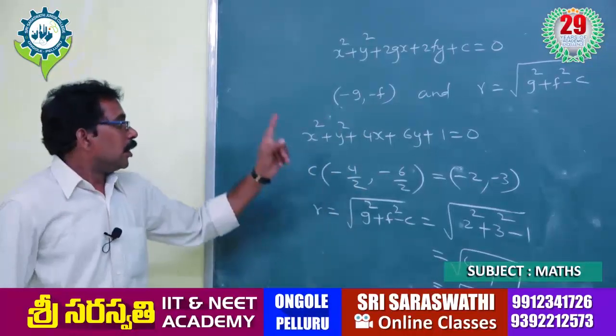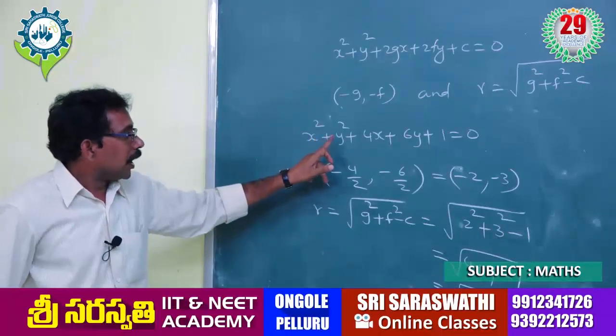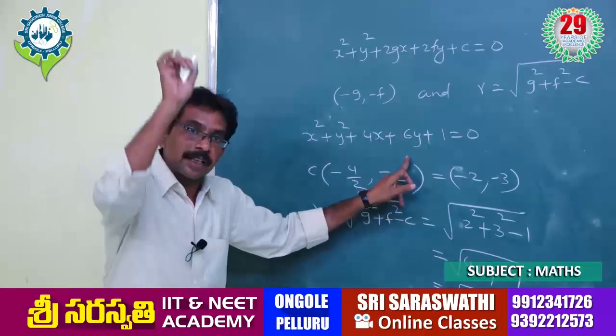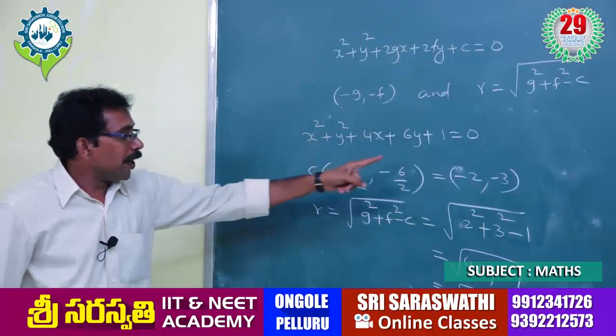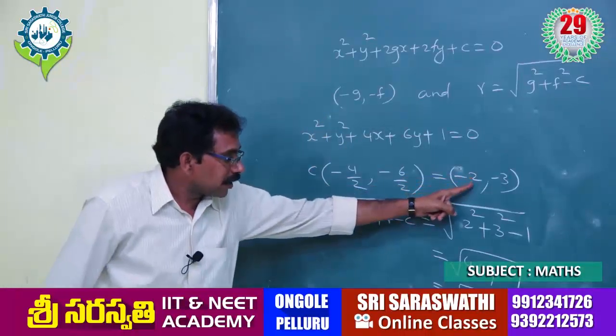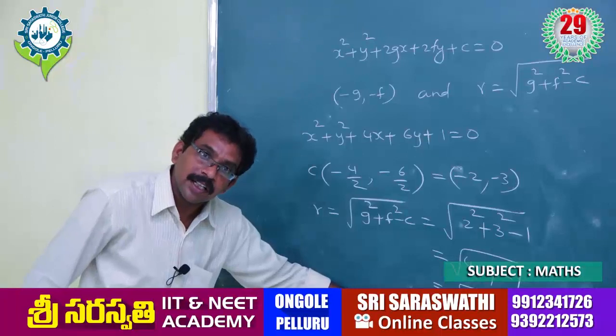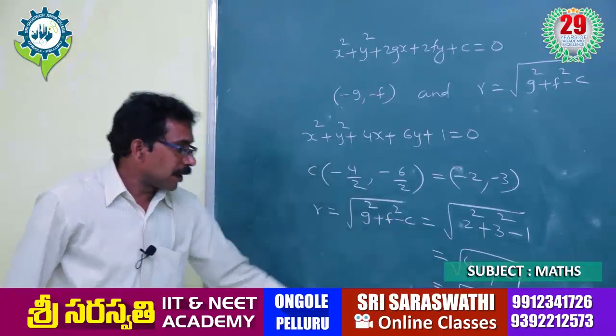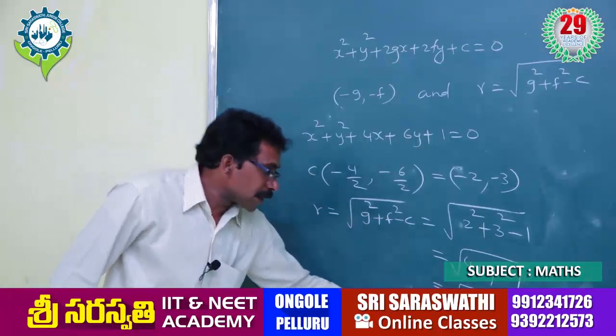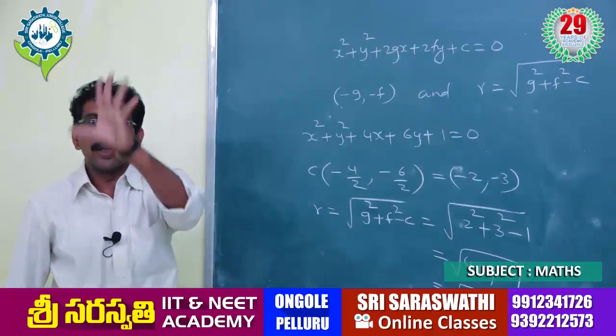Hence if we know the equation of the circle, then we can get the center as well as the radius. Here the most important thing is the radius must always be positive.